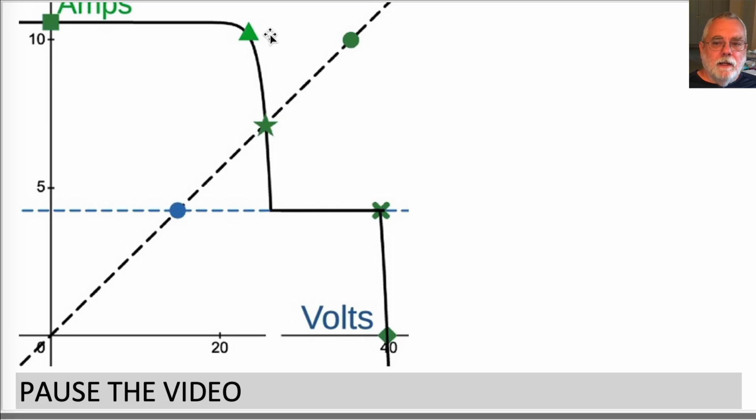Near that green triangle operating point, the global maximum power point for this case, the partially shaded solar cell would be dissipating power, and that string's bypass diode would be on.